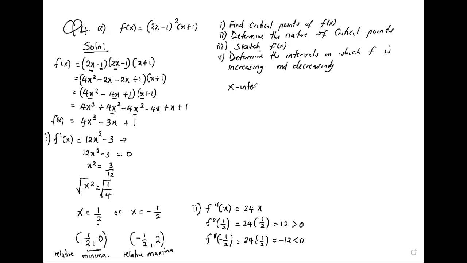For x-intercepts, we equate f to 0. We're not going to equate the one that you have expanded. We equate the one that is factorized. So say 2x minus 1 squared multiplied by x plus 1 is 0. This means that x is negative 1 and also x is positive half. So we have two intercepts there.